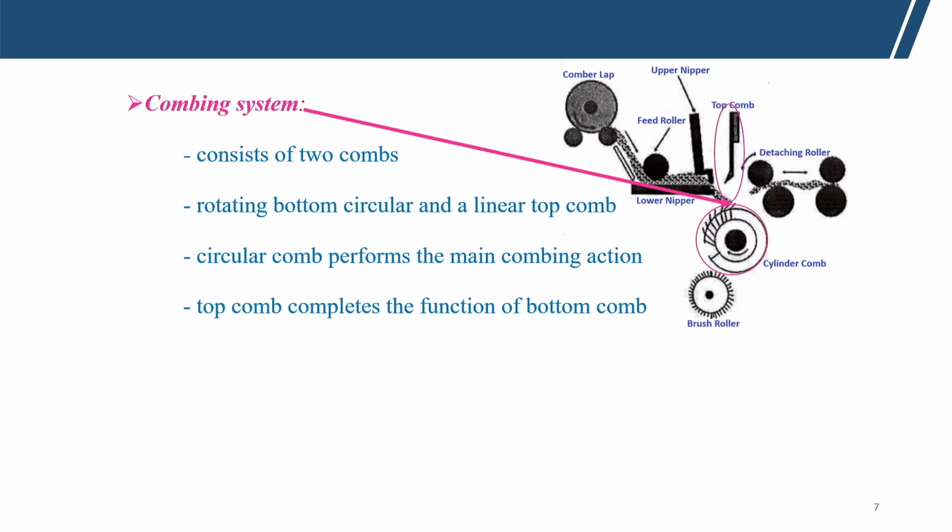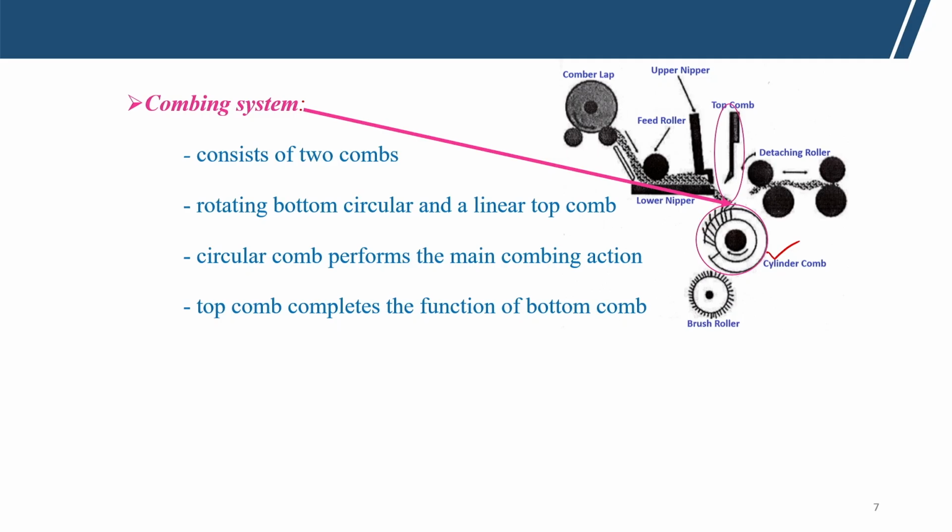Here is the cross section. Now, you can see the combing section. The combing section consists of two combs, as I have mentioned. One is the cylinder comb, at the bottom.